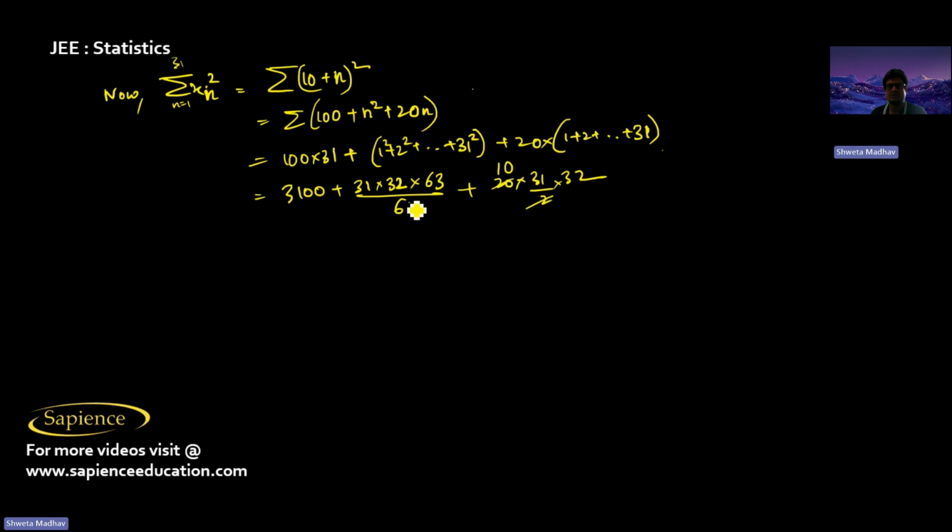So this will be 31 into (100 plus 16 into 21 plus 320). 16 into 21 is 336, and 336 plus 420 is 756. So it is 756 into 31.